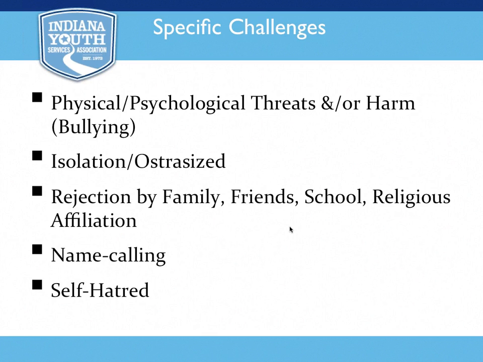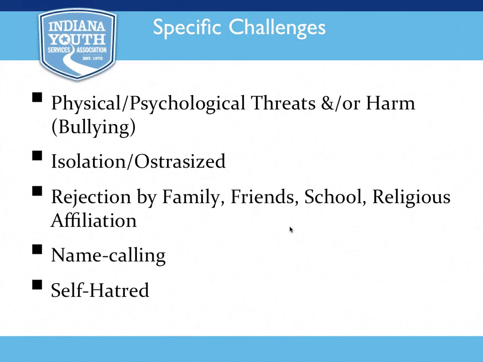Because these young people often are rejected by their families of origin, they experience isolation and they're ostracized at a higher percent as well. And that social support, and the lack of it, is really significant in terms of their ability to feel psychologically and emotionally safe.